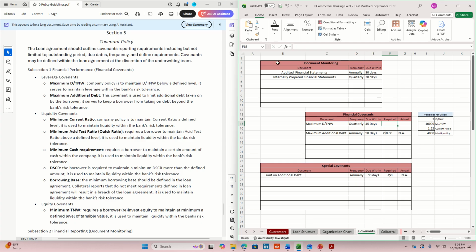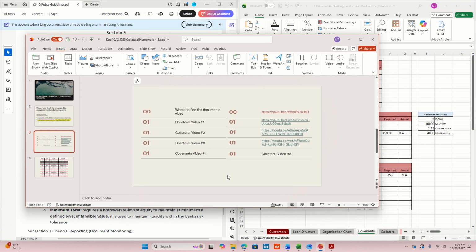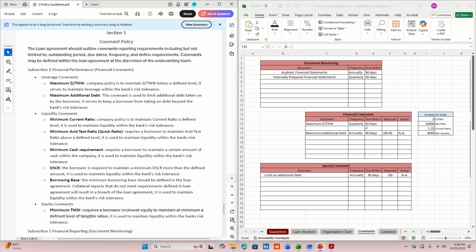So your options, let me give y'all a better analysis. I'll give you your options here. On the PowerPoint, I'm gonna put a picture on page 4. That's gonna explain the options that you have as far as quarterly, annually, and then due within.